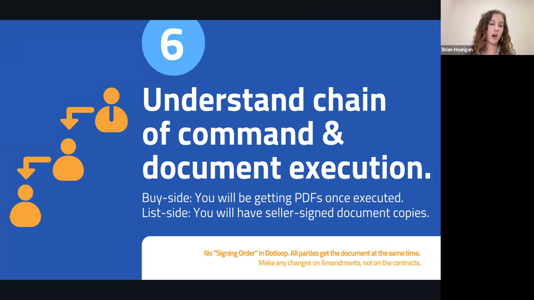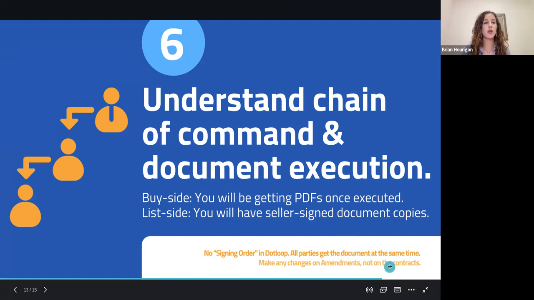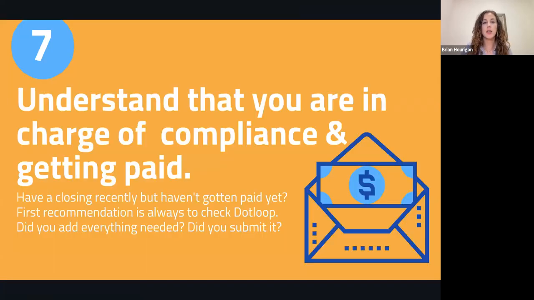But after we have gone under contract, after everyone has executed everything, if there are any changes to purchase price, dates, things of that sort, we want to make sure that we are making changes to the amendment and not to the contract. If we make changes to the contract, it could affect, technically, according to the contract, the way in which those dates are taken into account. So just something to keep in mind.